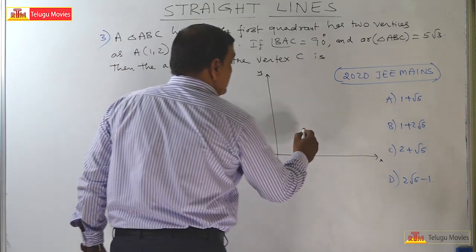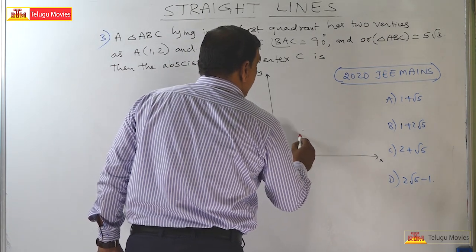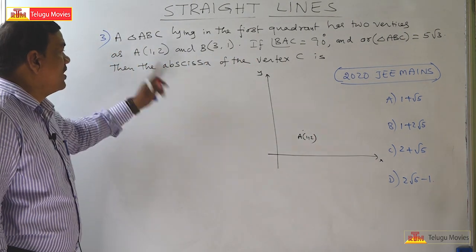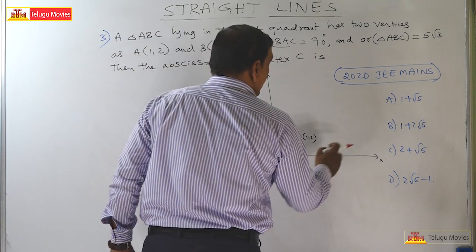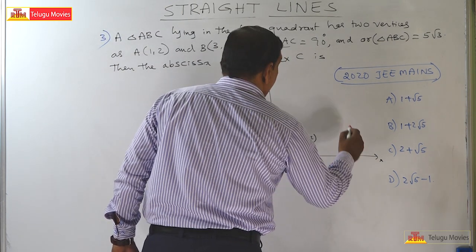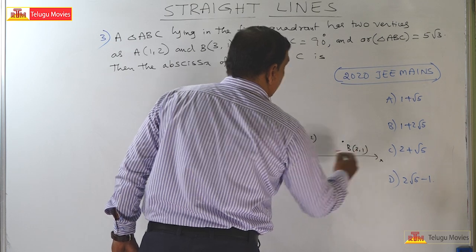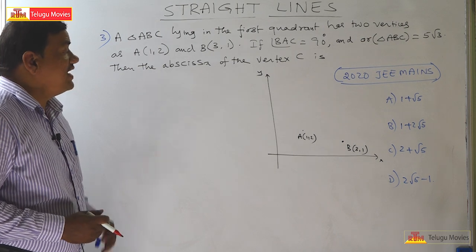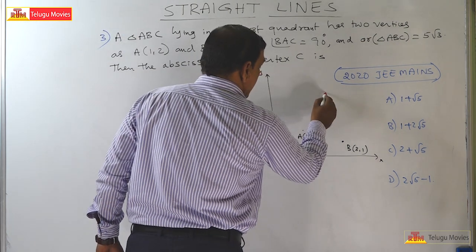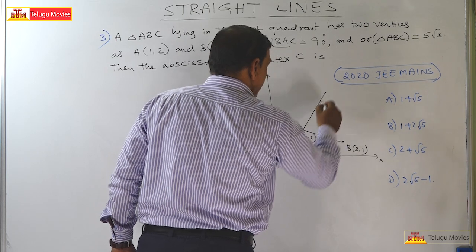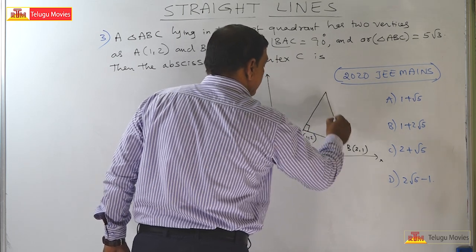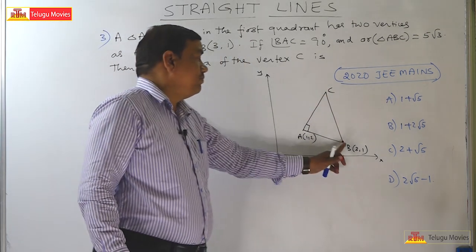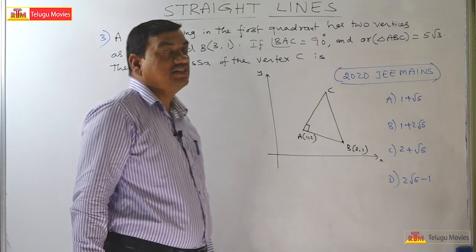So A will be here at 1 comma 2, and 3 comma 1 will be somewhat down, somewhere here. This is B. BAC is 90 degrees, so there is a right angle triangle like this, with 90 degrees here and this is C. On the whole, BAC is 90 degrees, it is a right angle triangle.